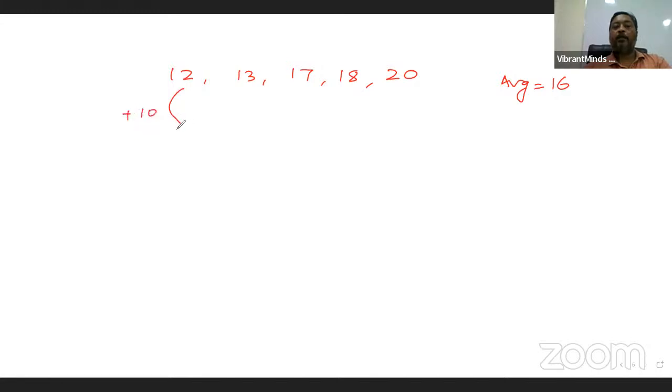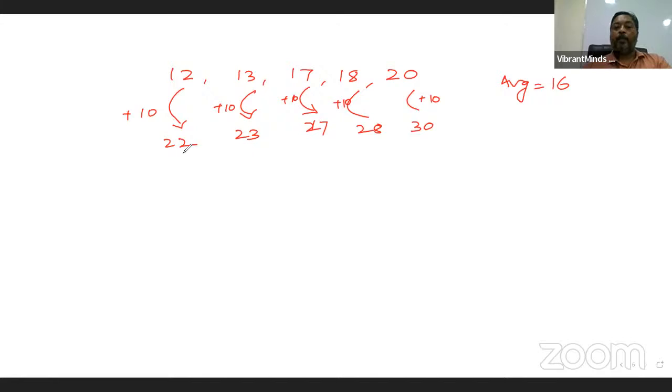I am increasing each observation by 10. So this will be 22, this will be 23, this will be 27, plus 10, this will be 28, and plus 10, this will be 30.